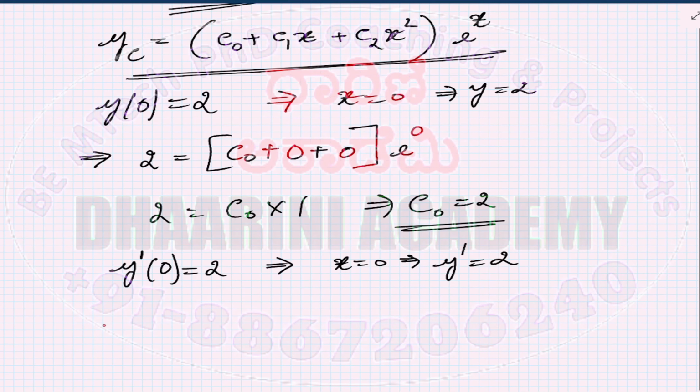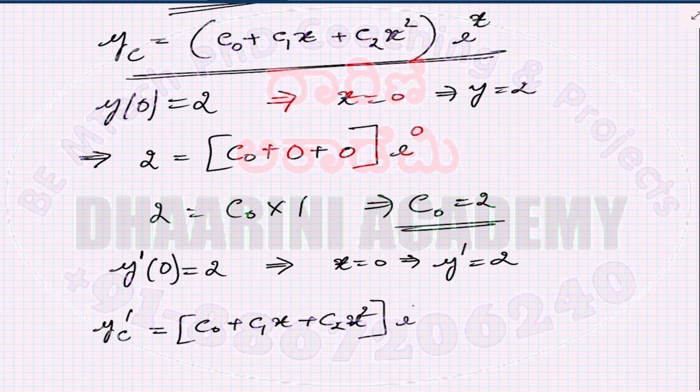So I'll write the differentiation now. I'm trying to differentiate the given yc. So yc dash is equal to u dv, that is, you keep the u as it is and differentiate v. u is my first term, so c0 plus c1x plus c2x square, into the differentiation of the second term.